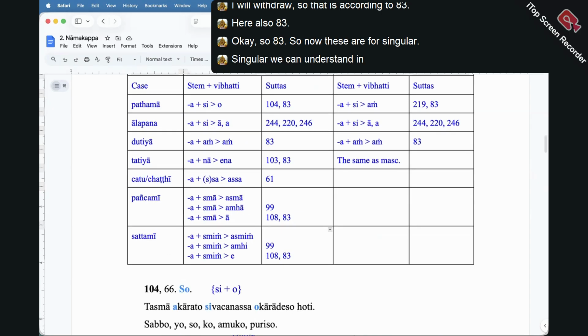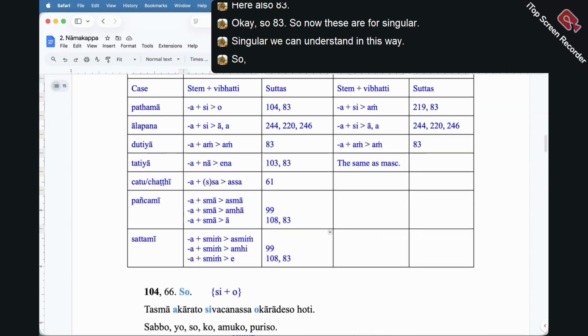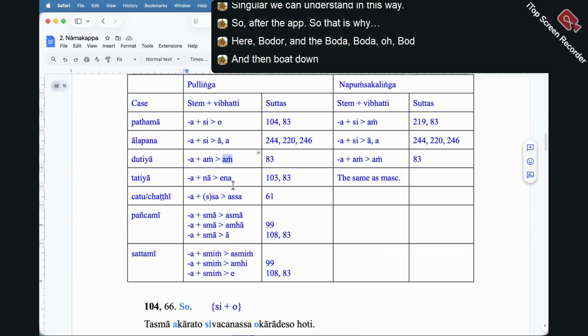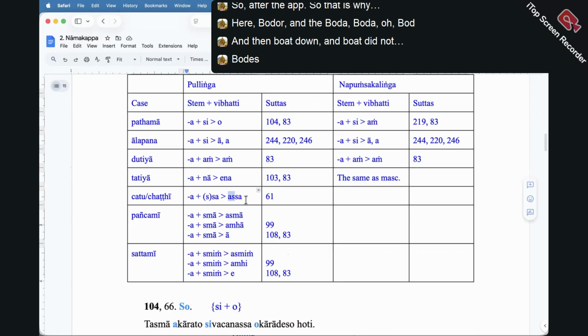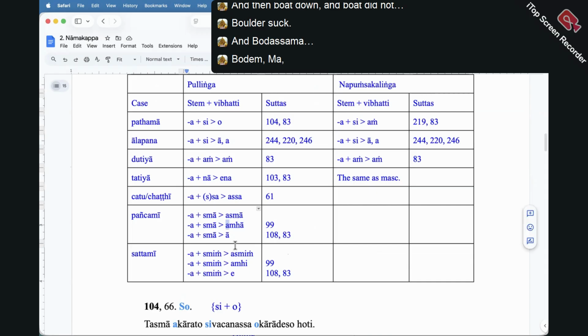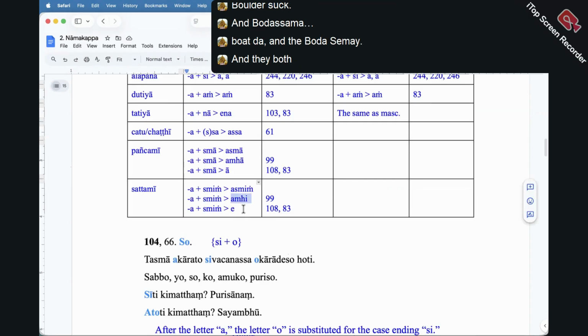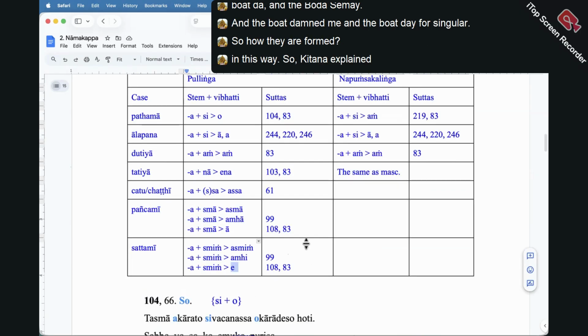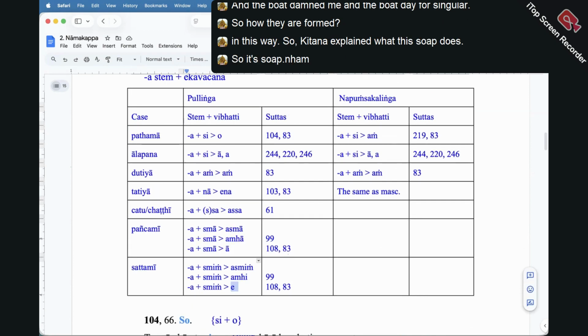Singular we can understand in this way. So after the R, that is why here Buddha, Buddha, Buddhina, Buddhasa, Buddhamma, Buddha, Buddhasame, Buddhami, and Buddhi for singular. So how they are formed in this way, Kijana explains with these suttas.